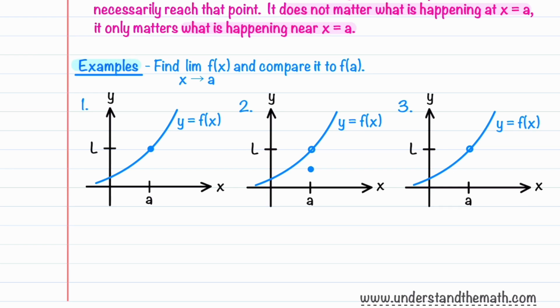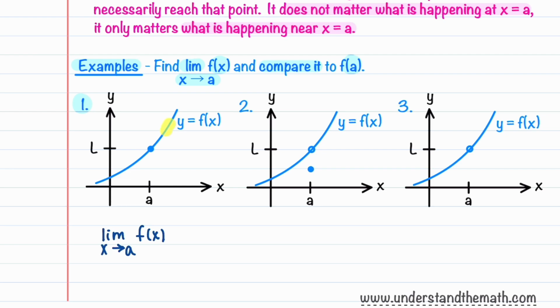Let's now look at some examples. We want to find the limit of f of x as x approaches a and then compare it to f of a. Let's look at our first example. We want to find the limit as x approaches a of f of x. To do that, we're going to see what our function value equals when we get close to a.